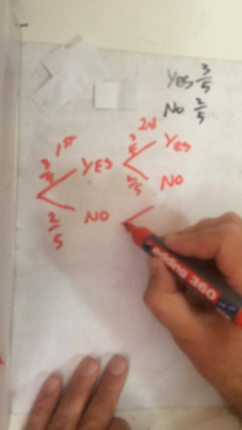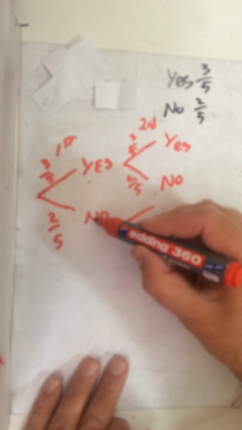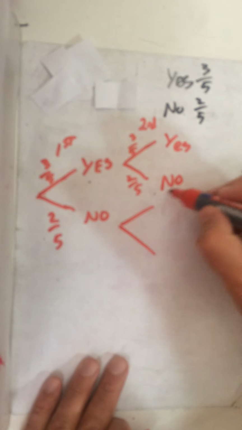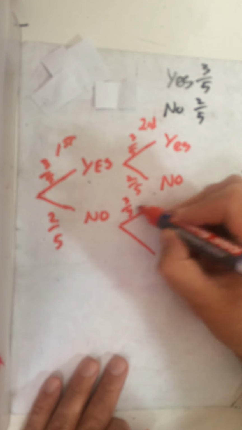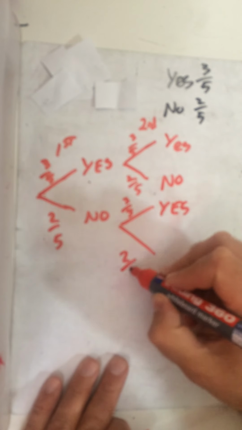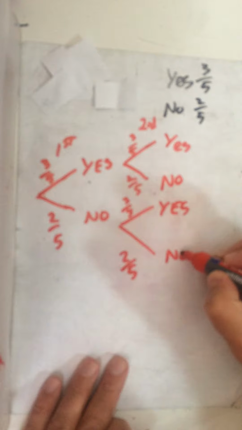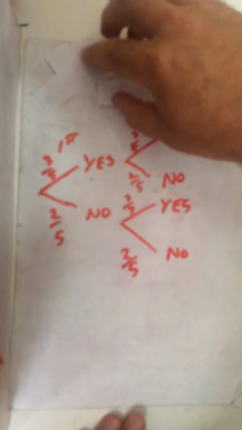You don't need to copy this out. And again, if we got a no first time, then on the second attempt, the probabilities remain the same: 3/5 for a yes and 2/5 for a no. So let's have a little look at the probabilities from here.